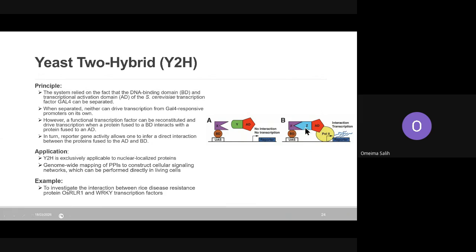So X, Z, and AD, this type of interaction between three proteins is at the same time important for activation of the transcription enzyme to start the transcription of the reporter gene. So this is important. This is the basis of the principle of the yeast two hybrid.